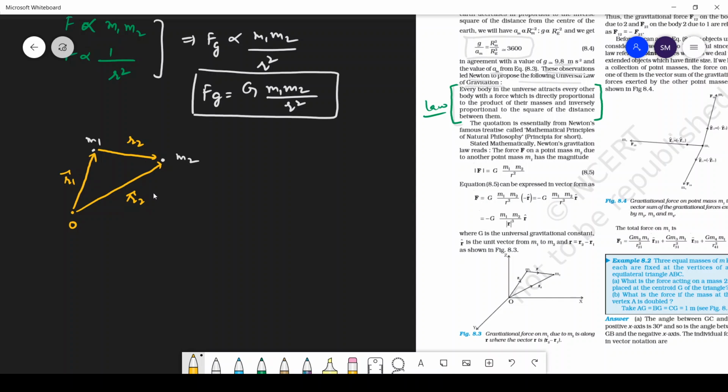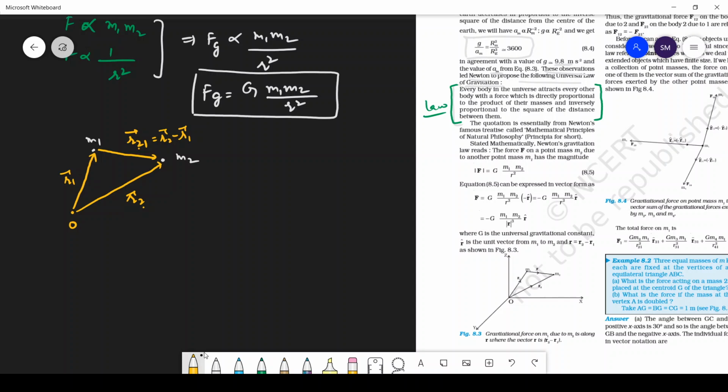But here I am starting from m1, so this is the relative position of 2 with respect to 1. The first number that I am writing as subscript is the one we reach. So that's R21, and R21 you know is equal to R2 minus R1.